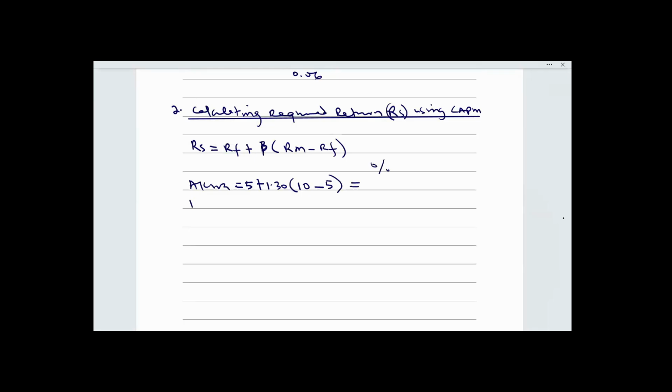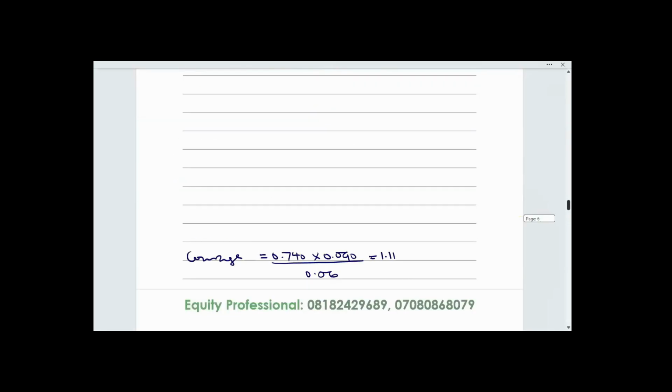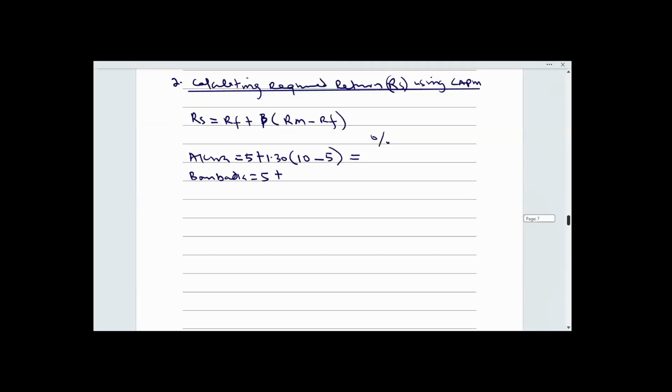Then we do for Bombardier, which is 5 plus the beta of Bombardier we calculated, 0.80. The difference between 10 and 5 is 5. So this one should be 9%.